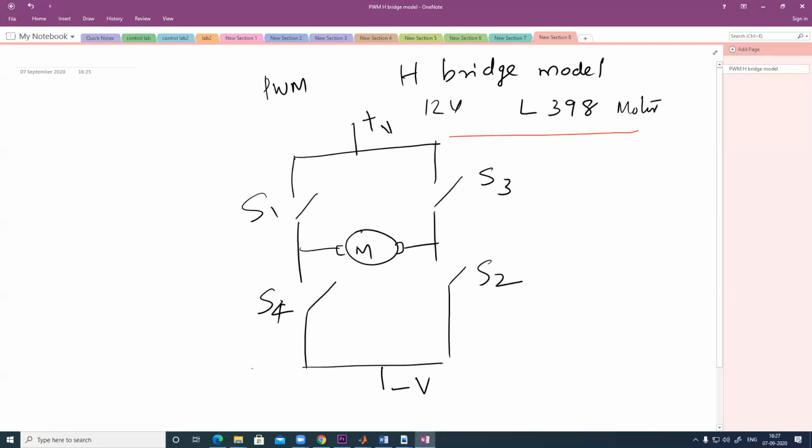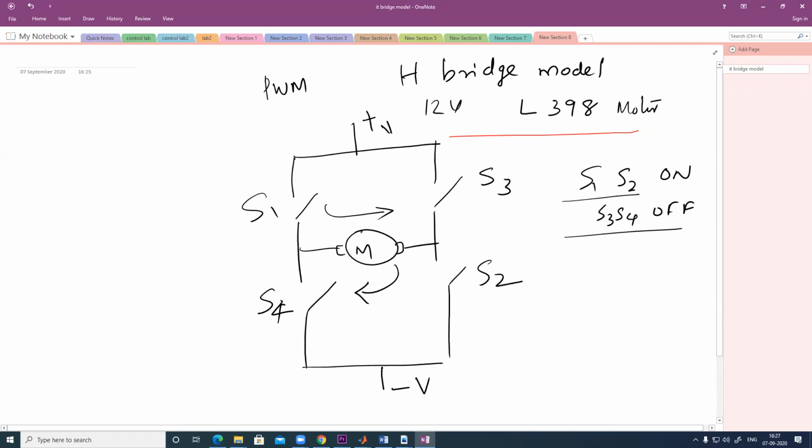So S1 and S2 are on, that time S3 and S4 is off. So the current flow will be in this direction and the motor rotation is this direction. And while S1, S2 is on, these two transistors will be off.